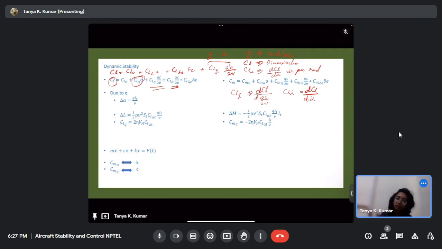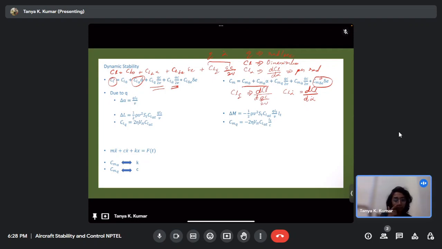Correct? Similarly, for your pitching moment coefficient, initially you had only Cm naught plus Cm alpha into alpha. Then when your control came, this term came into play, and now two new terms come in with dynamic stability.